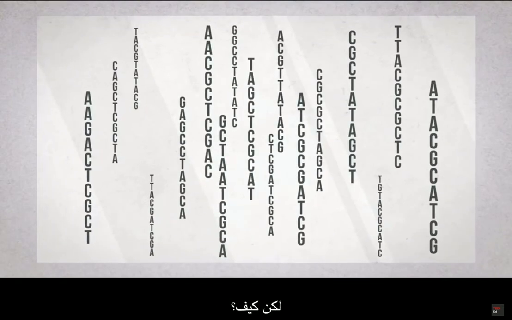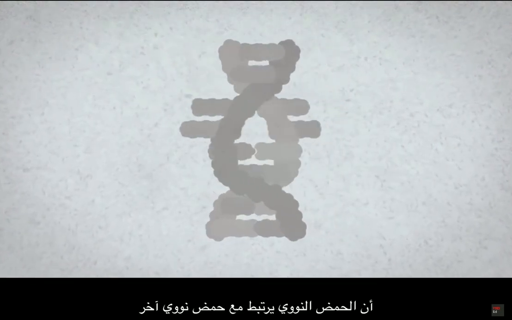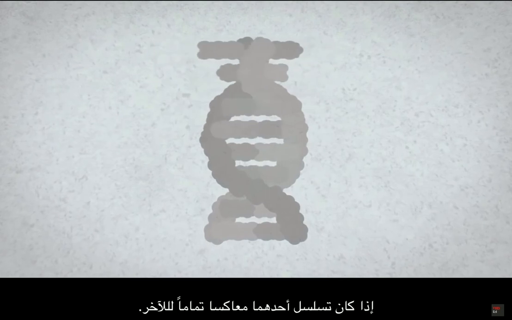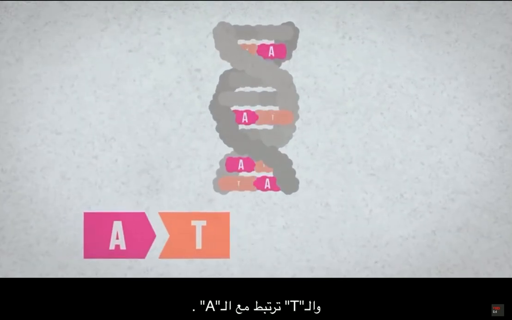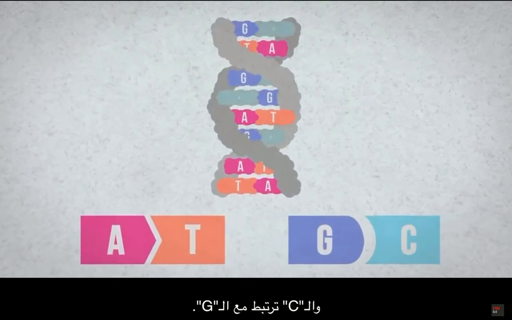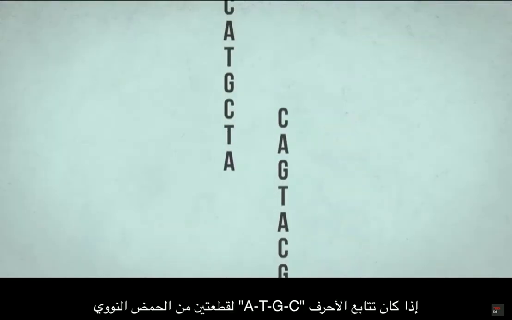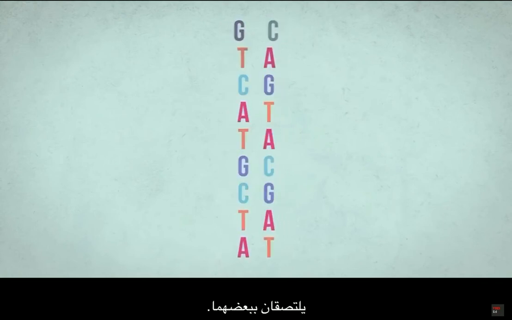But how? It's helpful to remember that DNA binds to other DNA if the sequences are the exact opposite of each other. A's bind to T's, and T's bind to A's. G's bind to C's, and C's to G's. If the ATGC sequence of 2 pieces of DNA are exact opposites, they stick together.